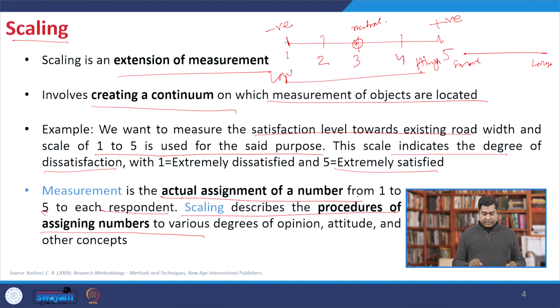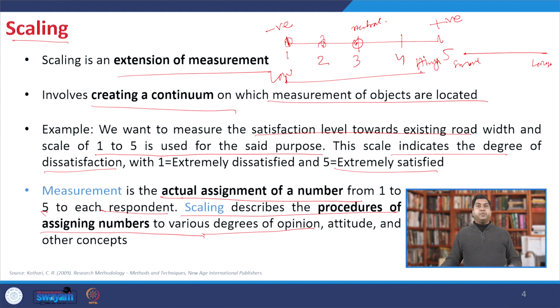In this case, it can even be 1 to 7, or 1 to 10, it can be anything, but there are certain arguments about what number or range we should pick, so that it will be easy for the respondent to respond, and at the same time easy for the researcher to apprehend and analyze the result. Scaling describes the procedure of assigning numbers to various degrees, attitudes and other concepts. The only thing in scaling is that each division or point should be exclusive enough.